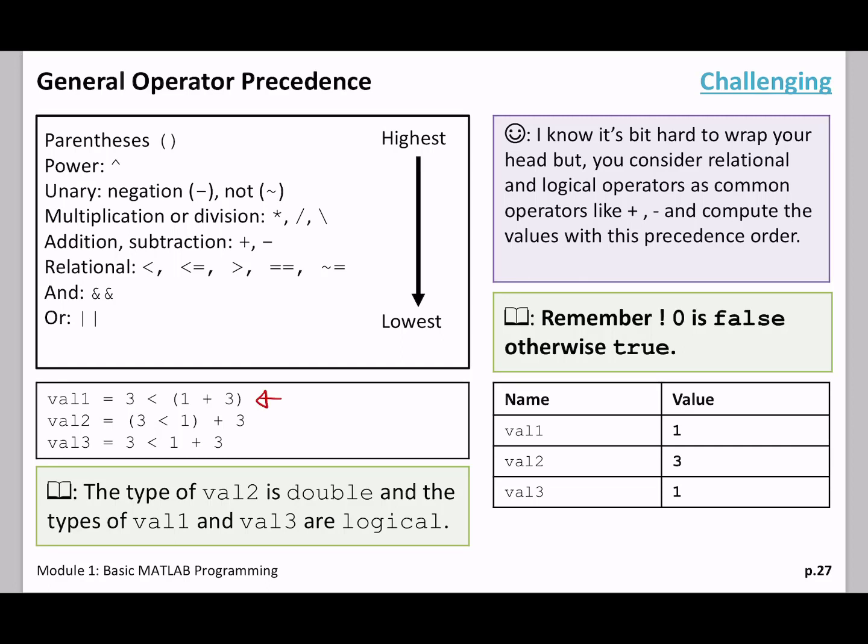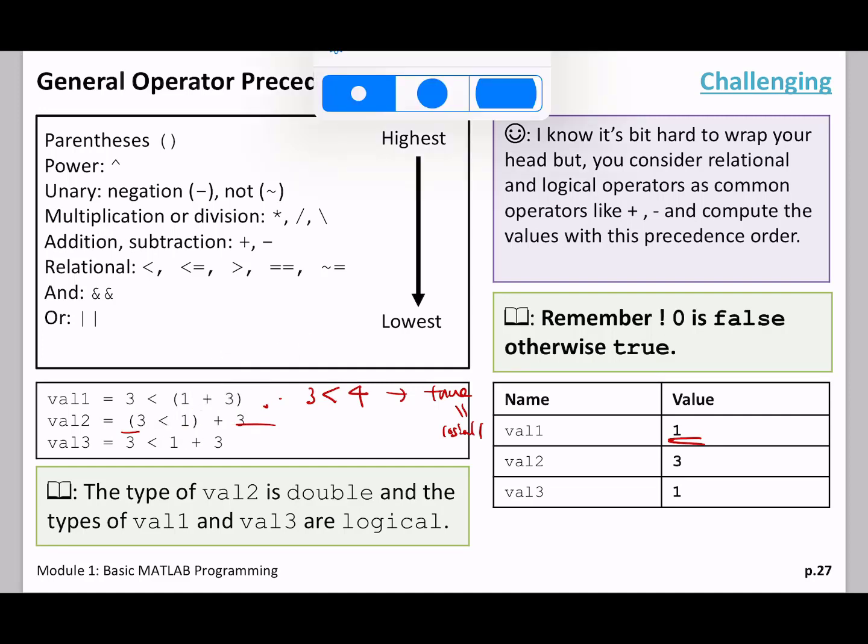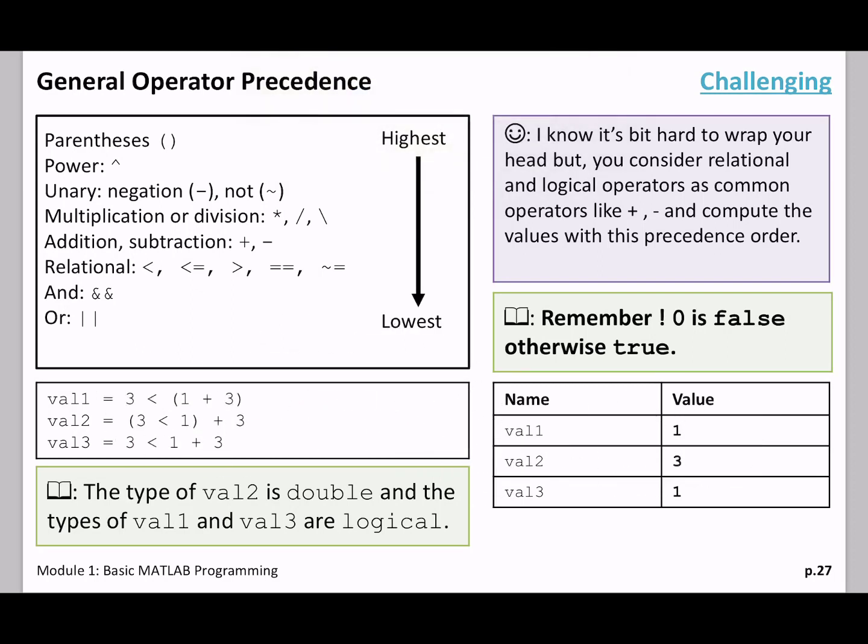Okay, let's take a look at the example. What is the value assigned to the value 1? Here, the highest precedence is the parenthesis, right? So this becomes a 4. So you're evaluating 3 less than 4. That's why it becomes a true, logical 1, right? What about this one? 3 is less than 1, right?